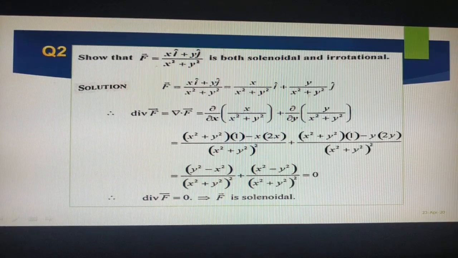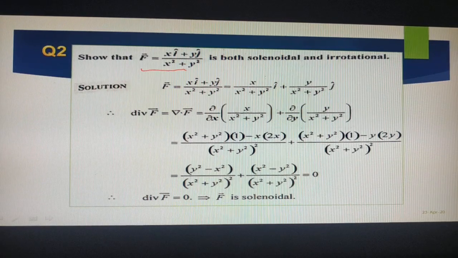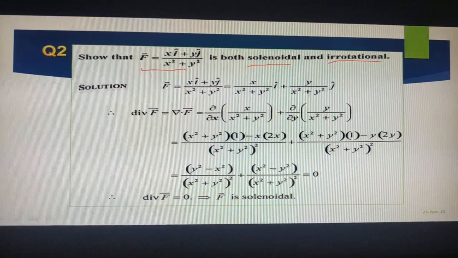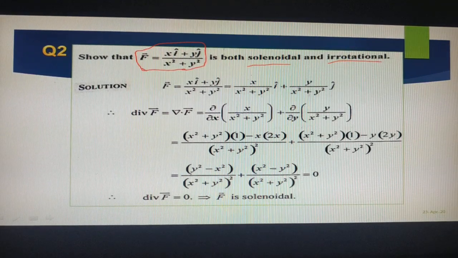I just provided one vector field to you, asking you to show that this vector field is both solenoidal as well as irrotational. For this particular vector field, we are able to show both properties straight away. To show it is solenoidal, I have to take the divergence of F bar.